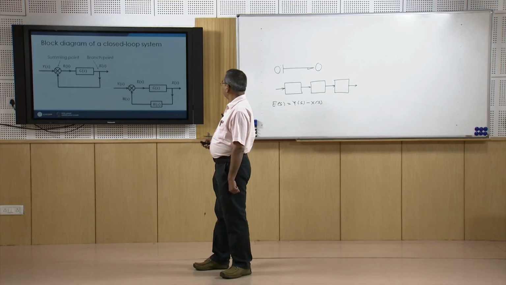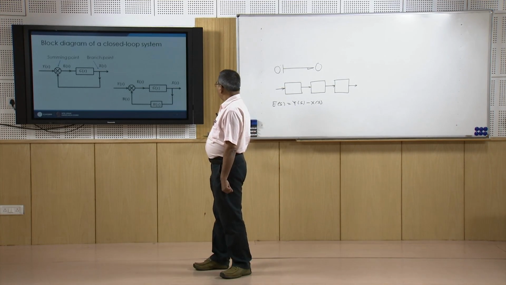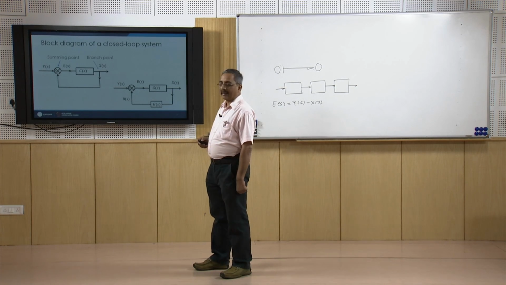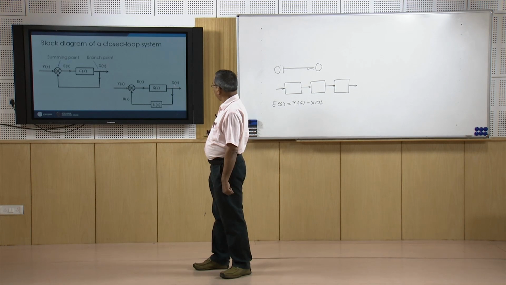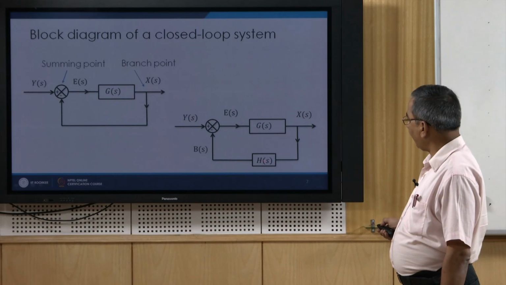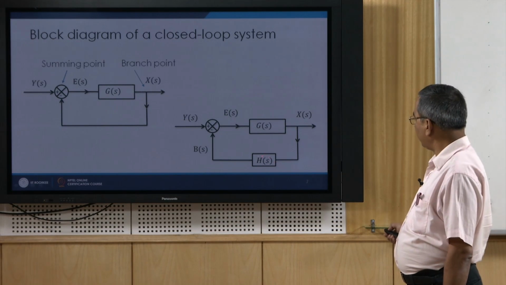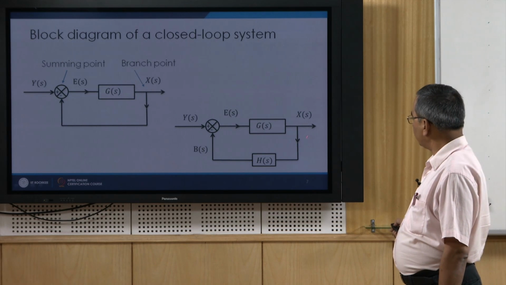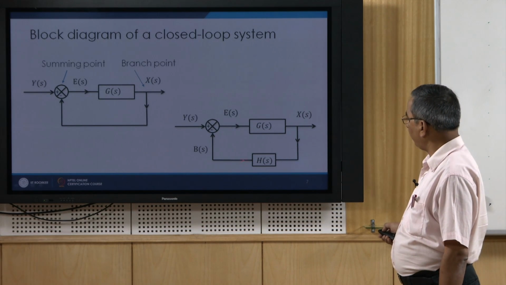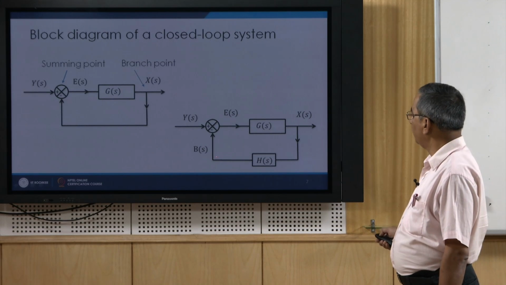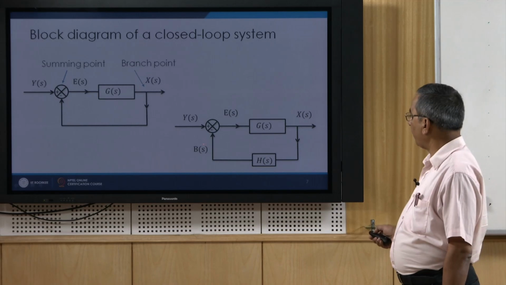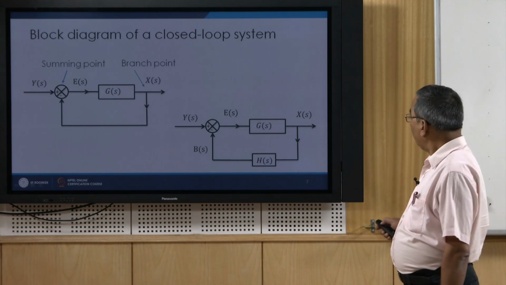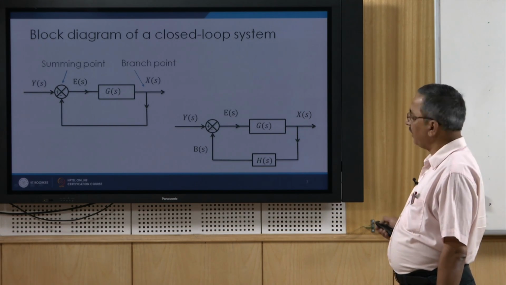Now, you see that here the output is Xs, and this output Xs is multiplied by this Hs, a certain gain, and whatever we get, say let us call it Bs, this Bs is taken to Ys and subtracted from Ys.